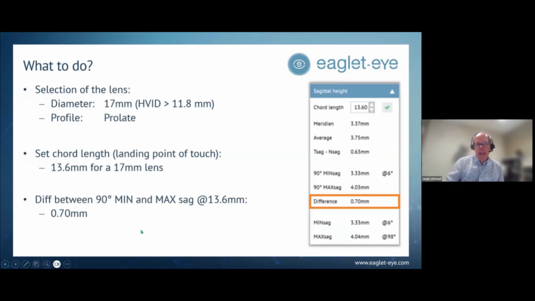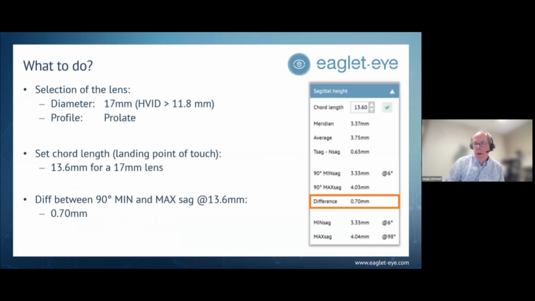So again, with that type of cornea, the HVID was 11.8, which is normal, but I selected a larger lens, 17 millimeter, trying to overvault that bulgy surface and to land at a larger area instead of landing near the limbus.